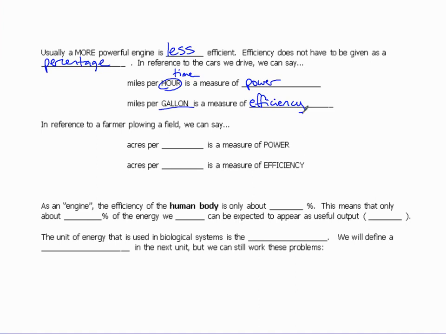In reference to a farmer who is plowing a field, we could say acres per hour, because this is amount of work divided by time, that's power. Acres per gallon, so output divided by input, that's a measure of efficiency.